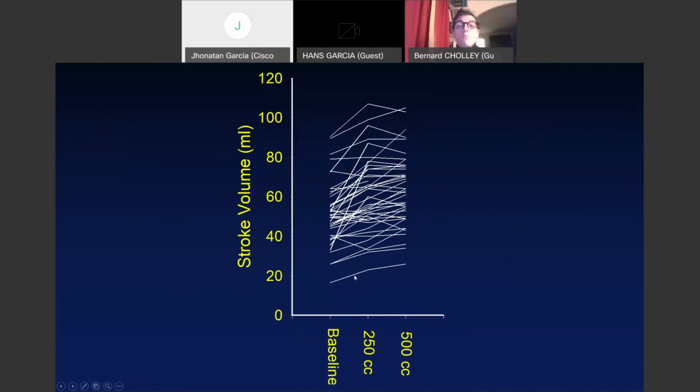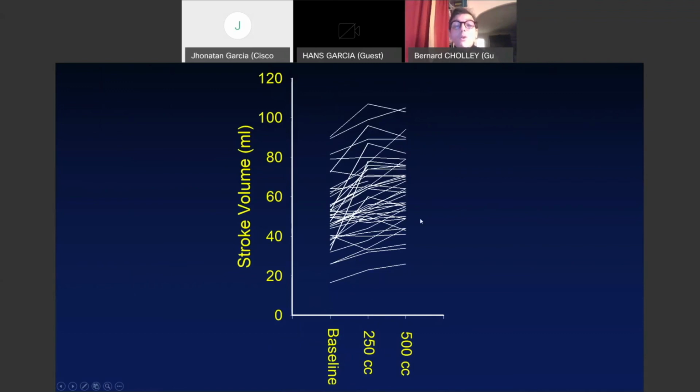This is a group of patients in whom you can see that if we divide the first vial that we administrate just after anesthesia induction into 2 parts, and if you measure stroke volume in response to the first half of the vial and the second half, you can build the cardiovascular function curve of each patient.